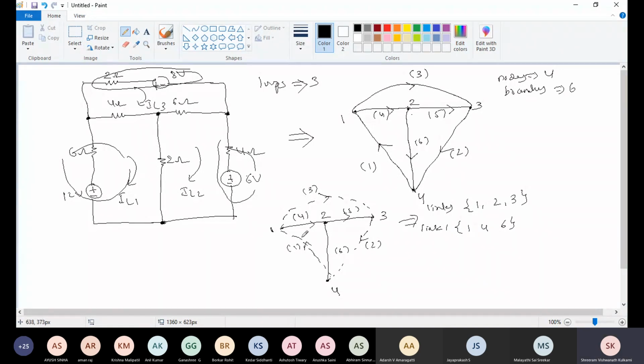After replacing, I am forming a closed loop 1, 4, 6. Right. Then link 2. Tell me if I am replacing link 2: 2, 5, 6. Yes. Then link 3: 3, 4, 5.